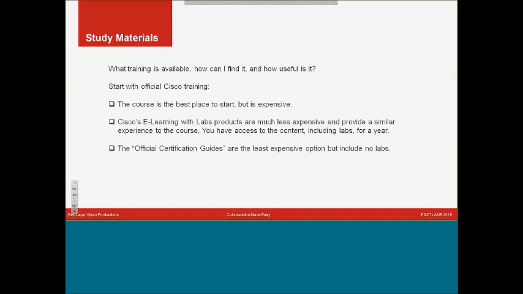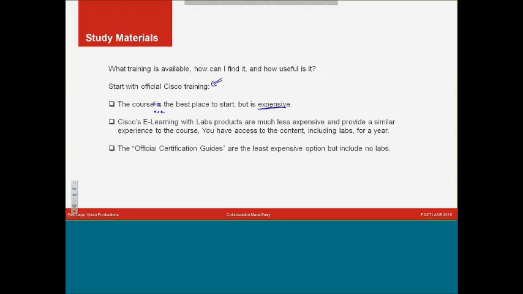What training is available? How can you find it? How useful is it? Well, we suggest that you start with official Cisco training. And the courses, let's make that plural because we're talking about many courses here. The courses are the best place to start, but they are expensive, especially the 5-day courses.